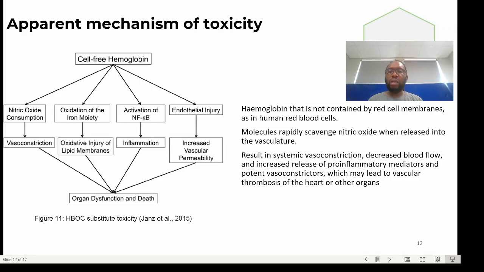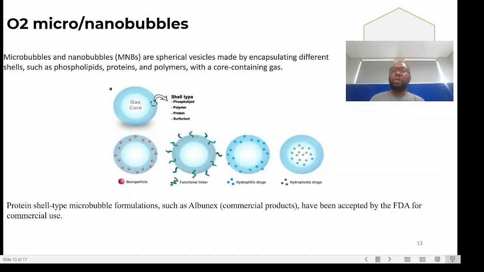Overall, these complications can lead to organ dysfunction and ultimately death. So it's important to know that hemoglobin is not protected by any form of membrane, can interact with different molecules within the body, and can lead to further complications, which is what causes the limitations of hemoglobin.